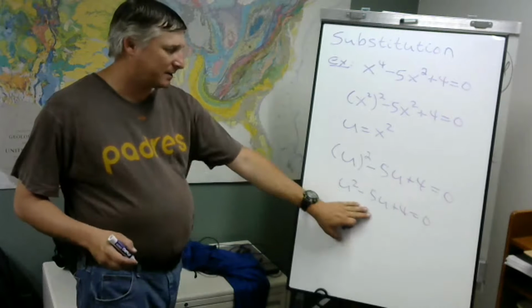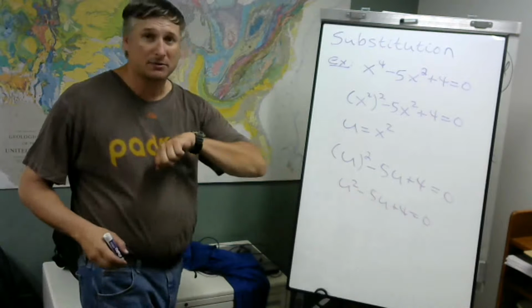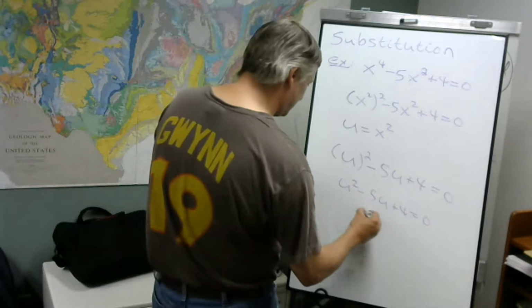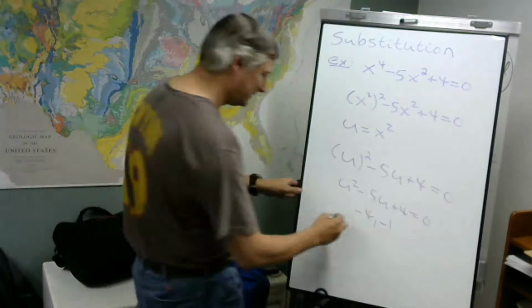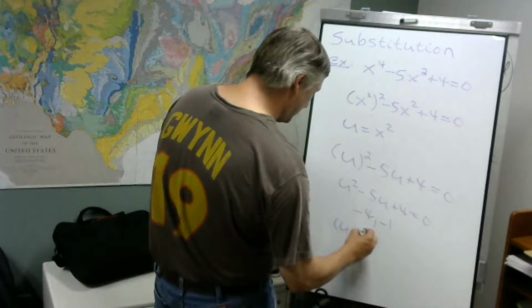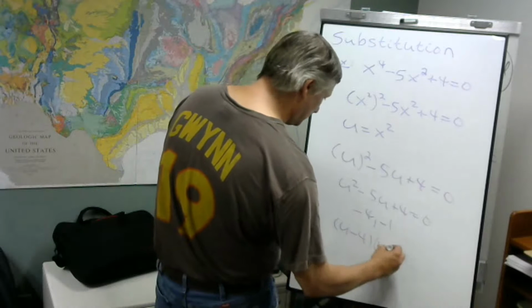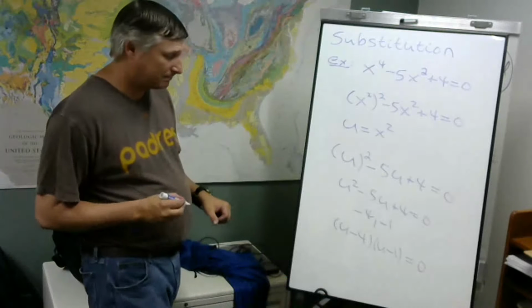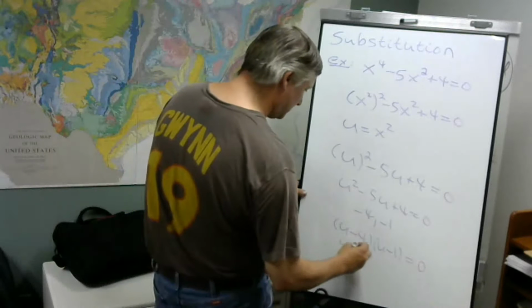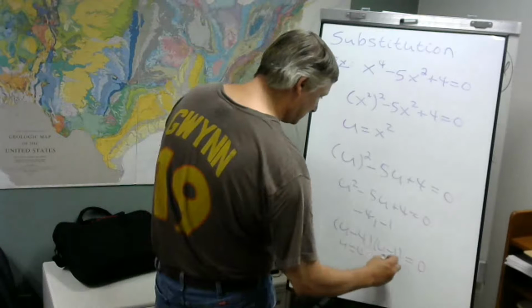Two numbers that add up to -5 but multiply to +4: -4, -1. So we'll get (u minus 4)(u minus 1) equals 0, or u is 4, u equals 1.